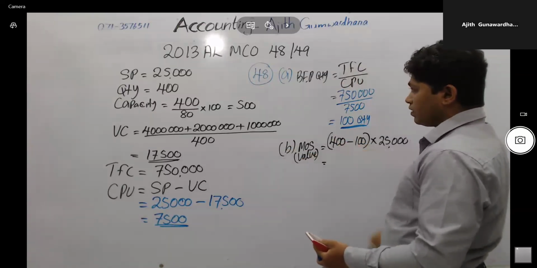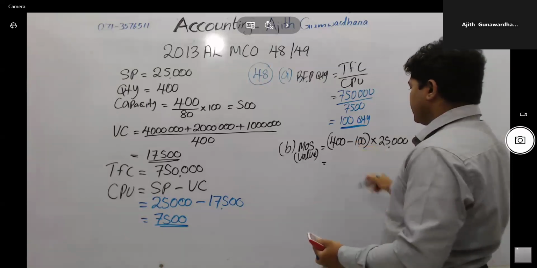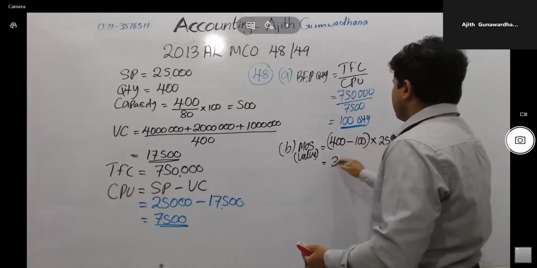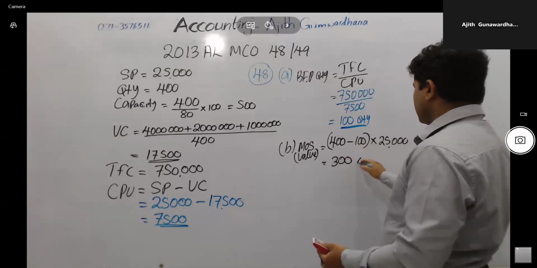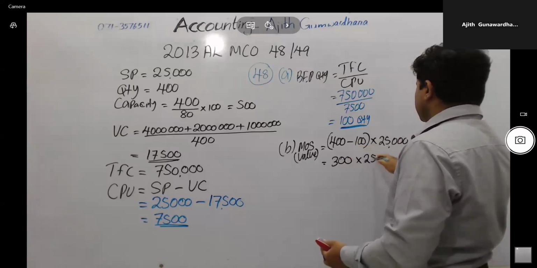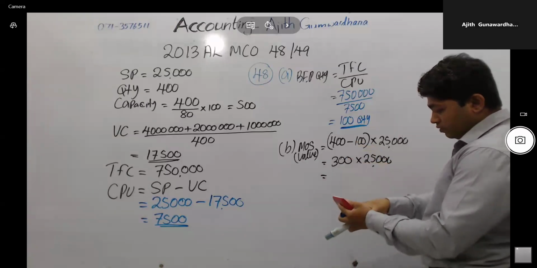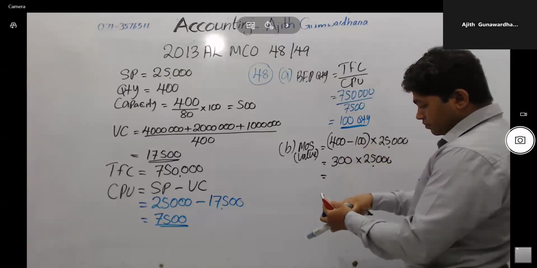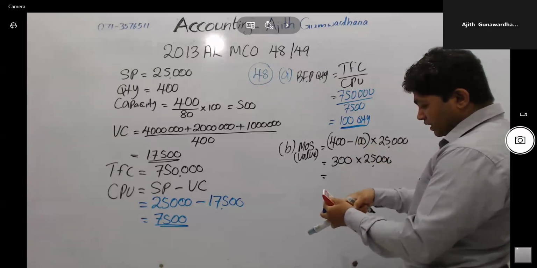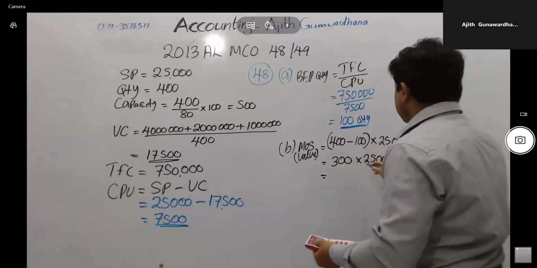Think break-even point quantity. So margin of safety quantity equals 300. Margin of safety quantity, 300, into selling price. Beyond the break-even point, it is called margin of safety value. Therefore, margin of safety value equals selling price 25,000 into margin of safety quantity 300.